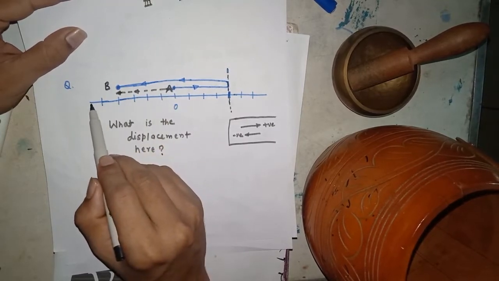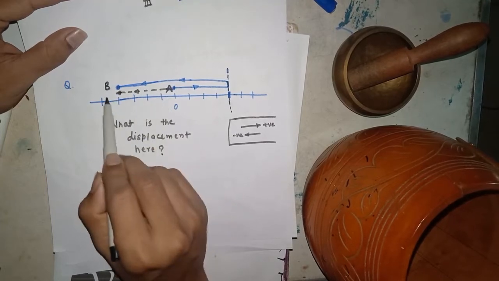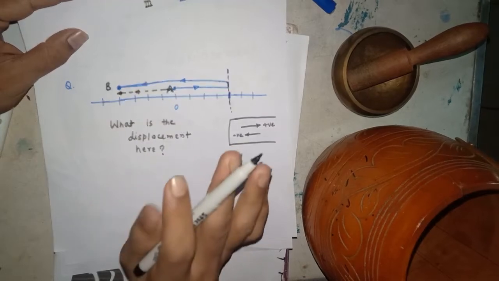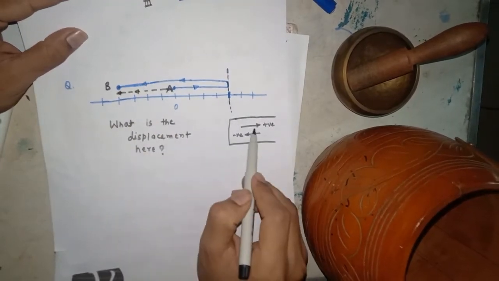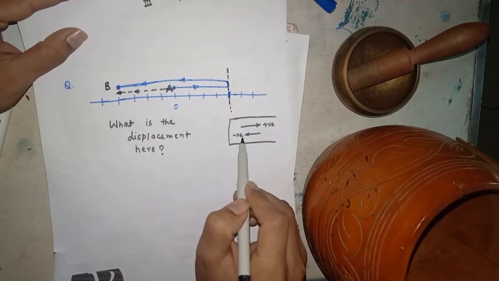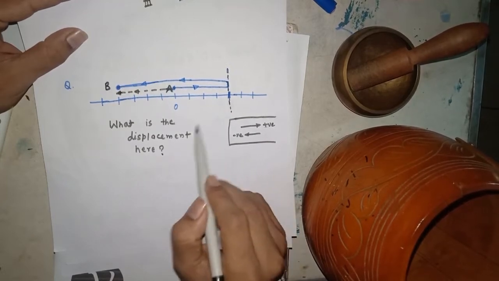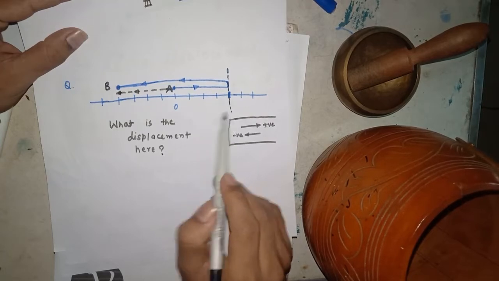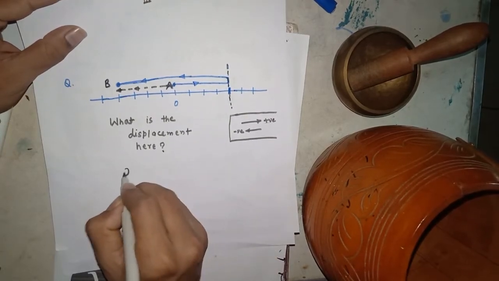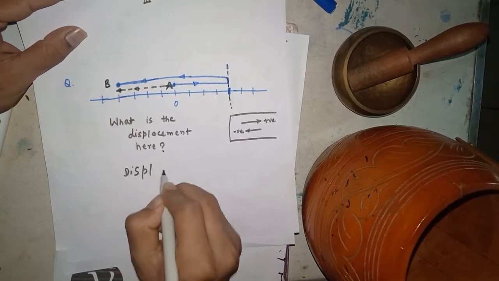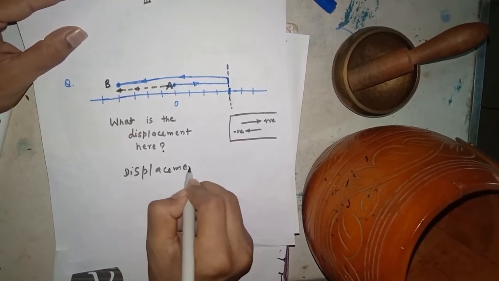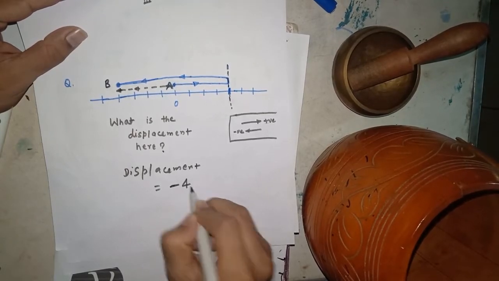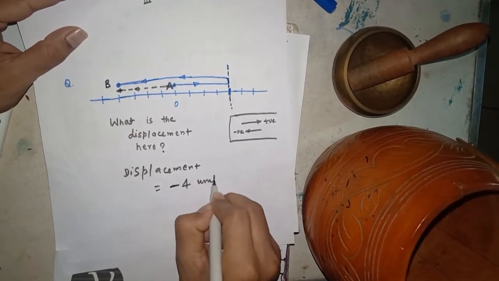So you can say the displacement in this case is minus 4 units, because if you take eastward as positive and westward as negative, you can take its direction also. So the displacement becomes minus 4, with direction, value, and unit, which may be meter or centimeter, whatever.